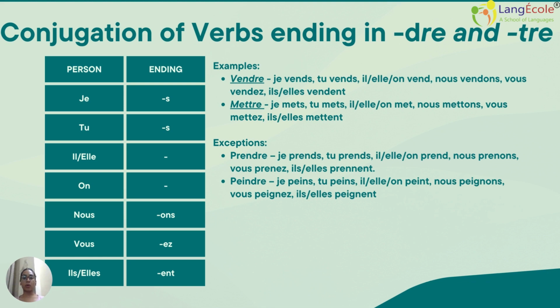For example, the vendre verb is conjugated like je vends, tu vends, il, elle vend, nous vendons, vous vendez, and ils, elles vendent. As you can see in il, elle, and on, the DRE was simply removed and no other ending was added. So the spelling becomes vend.